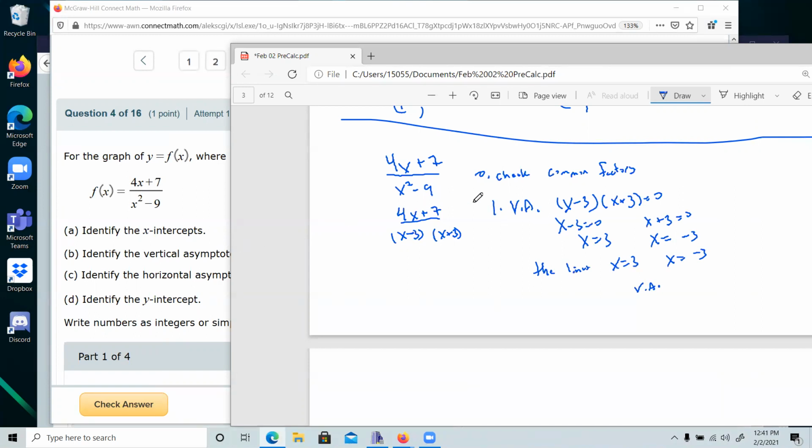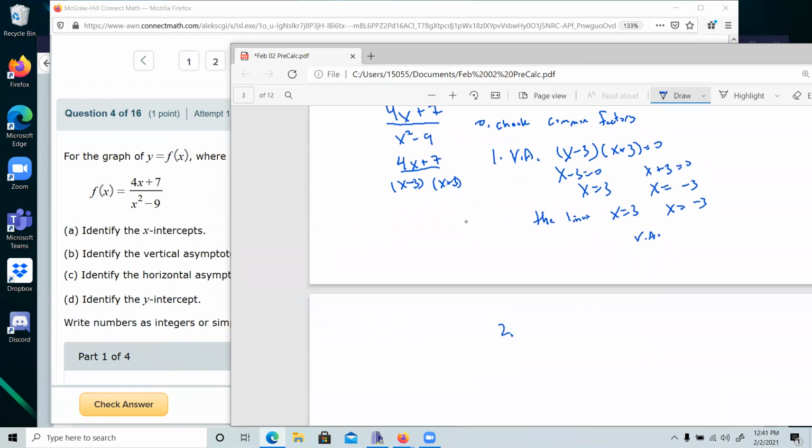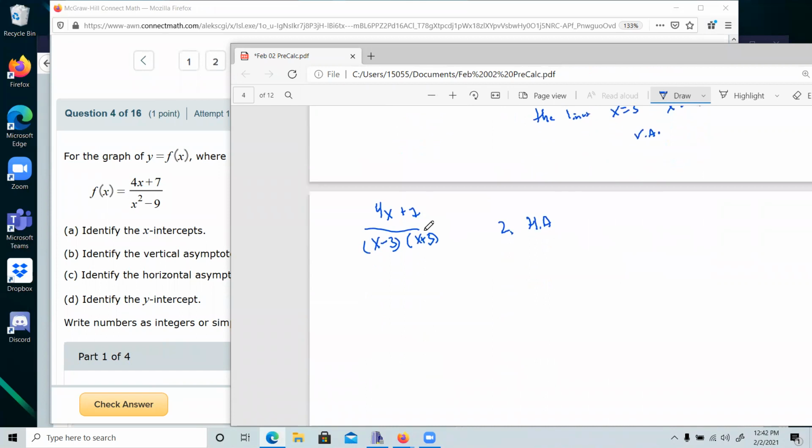Okay. How about the horizontal asymptote? 4x plus 7 over x minus 3, x plus 3. Okay. So remember, there's 4 different little rules for 4 different cases for a horizontal asymptote.